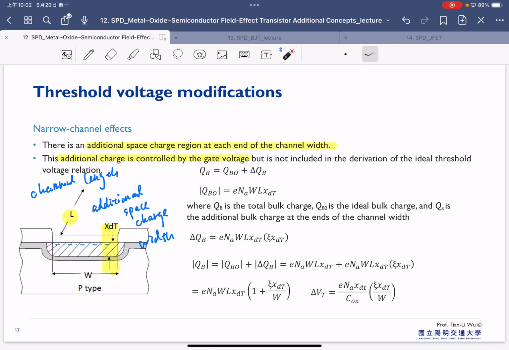In this case, we will find out that there's also an influence on our threshold voltage as shown here. That's why we need to account for this influence on the threshold voltage.